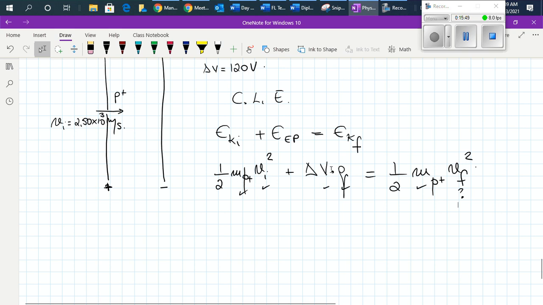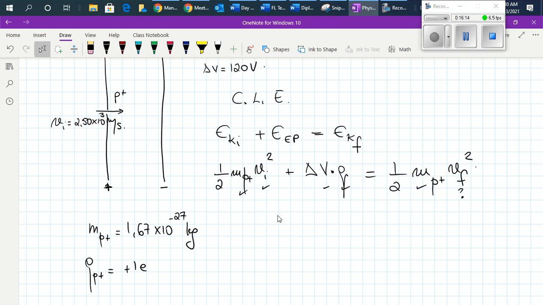Now, even though the problem is not giving you the mass of the proton and the charge of the proton, you have that. You can find them in your formula sheet. So in your formula sheet, you can find that the mass of the proton is 1.67 times 10 to the power of negative 27 kilograms, and the charge of the proton is 1 elementary charge, which means that it is 1.60 times 10 to the power of negative 19 coulombs.